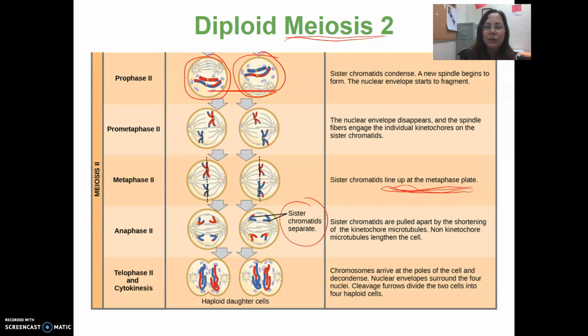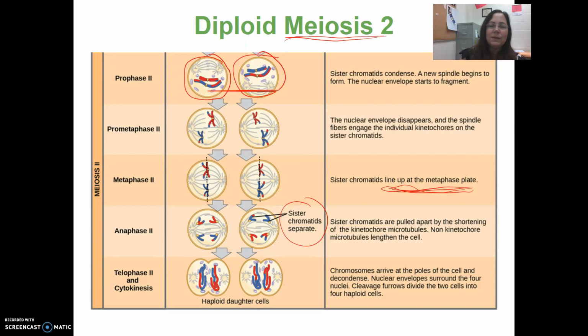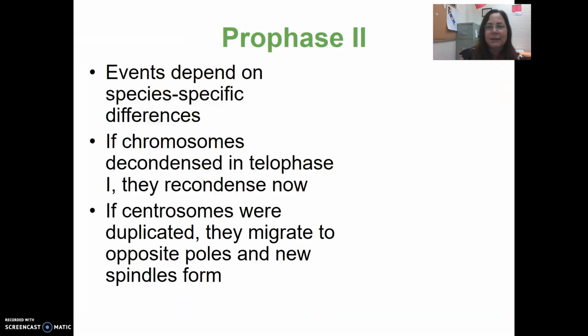Telophase two and cytokinesis will be identical to mitosis. Nuclear envelopes will reform around the chromosomes, and the only difference is what you end up with. So at the end of meiosis two, you will have 4 haploid daughter cells, whereas at the end of mitosis, you had 2 diploid daughter cells.